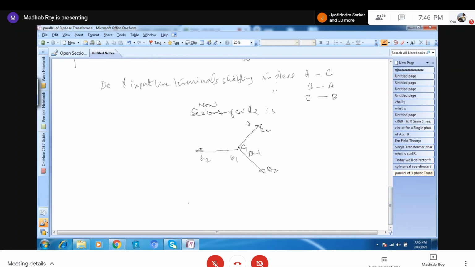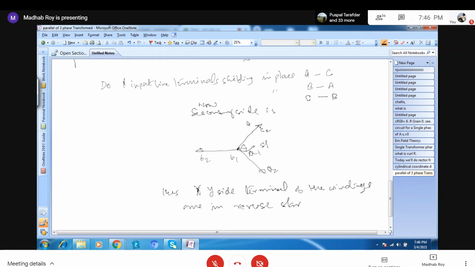Now, this Y side, the terminals of the windings are in reverse star. Okay. Earlier it was the star.